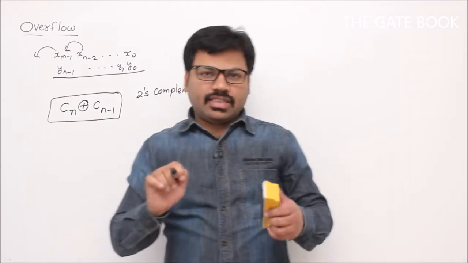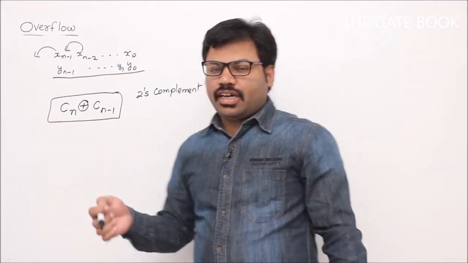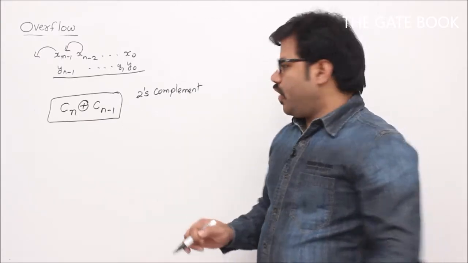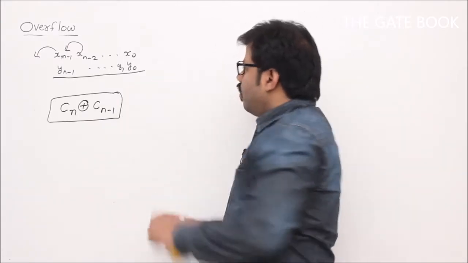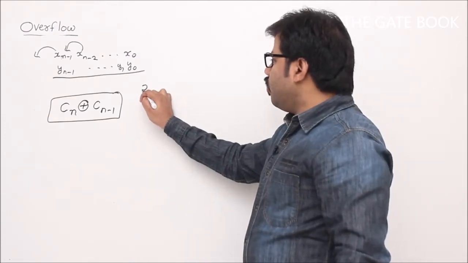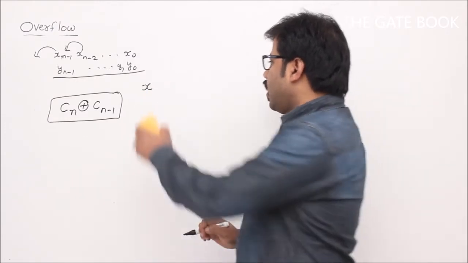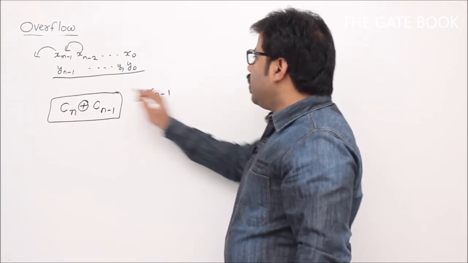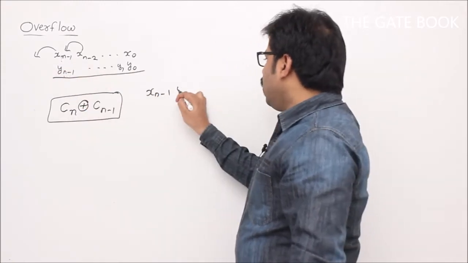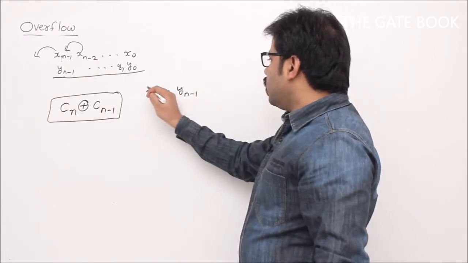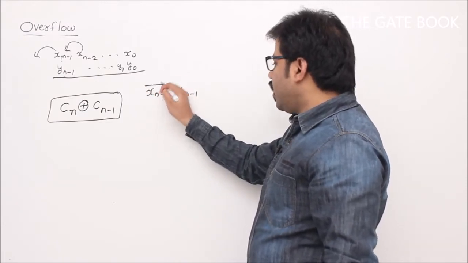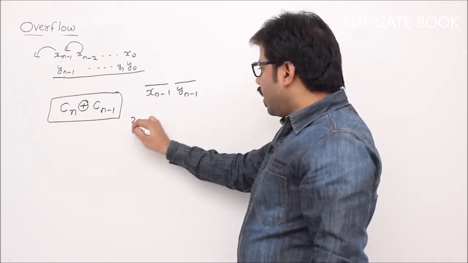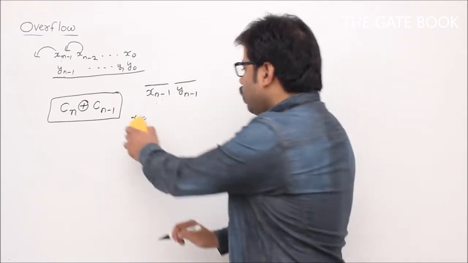One more thing, in the exam they might give questions related to overflow. If they give different circuits, sometimes there is one more way of telling the same thing. We can detect overflow this way also. What is that? I will tell you. These two bits, x(n-1) bar is 1 and y(n-1) bar is 1, that means x(n-1) equals 0 and y(n-1) equals 0.